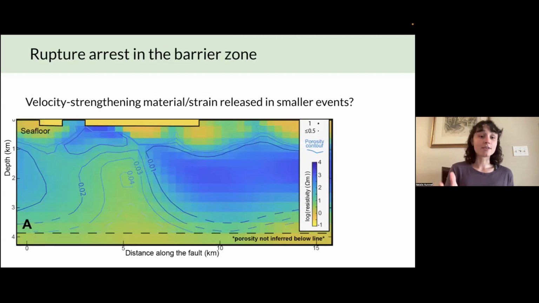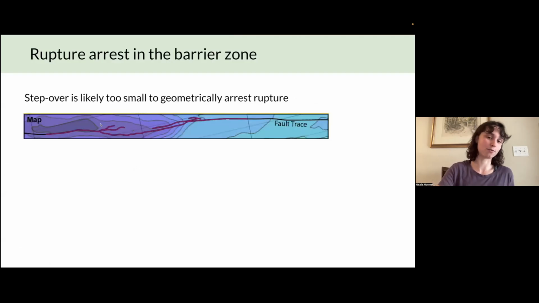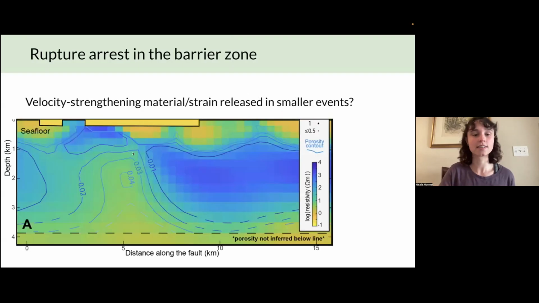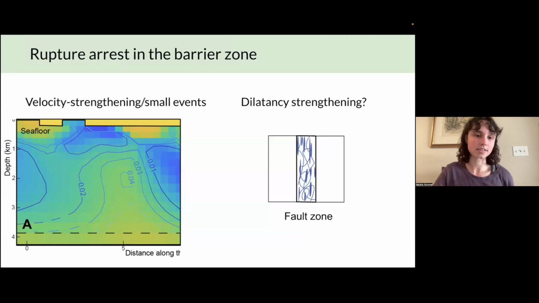But we may also have fluid that this associated transtension is allowing to penetrate into the crust, altering the rock to materials that are velocity strengthening, which can promote aseismic slip rather than seismic events and can arrest rupture.